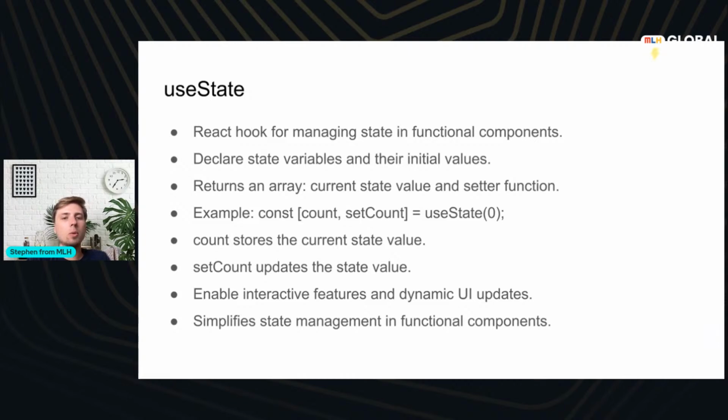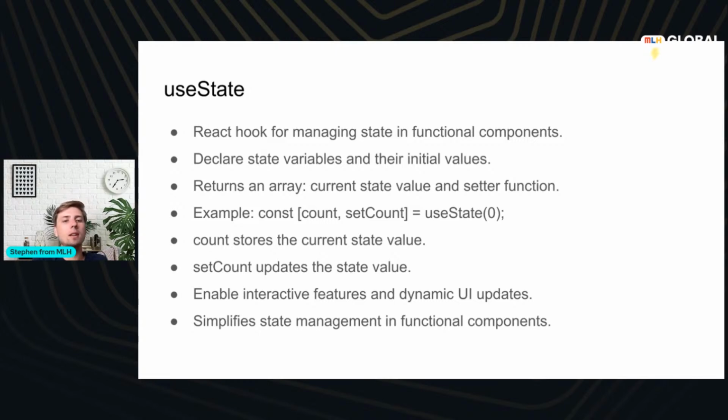And so here's our example where we use count and set count. And so we're calling the function useState. We're calling this hook, and we're setting the default value to 0. So the default value of count would then be 0. And you could easily set count to 1, 2, anything you wanted to, really. And so that would be how the useState works. And you might ask, why do we do it this way?